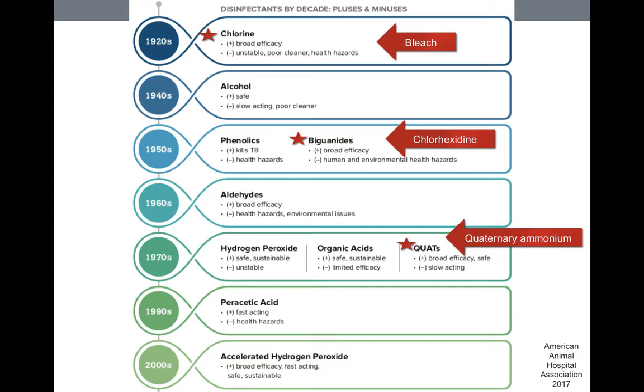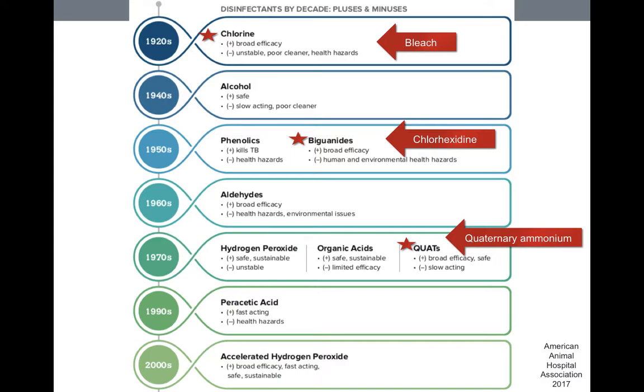It can also become inactivated in the presence of residual soils or organic materials. Quaternary ammoniums have a broad spectrum of activity against many pathogens, but they do not kill certain bacteria, such as Pseudomonas, and like chlorhexidine, are not always effective against canine parvovirus or bacterial spores.